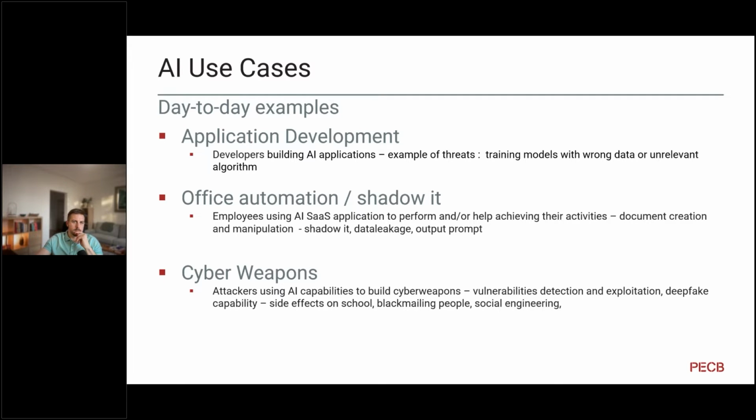And these employees are maybe using these SaaS applications without notifying the IT department, and it is maybe not detected, and it can raise issues and threats about document creation and manipulation, as if we upload data outside the company. Of course, we think as security experts about data leakage issues.